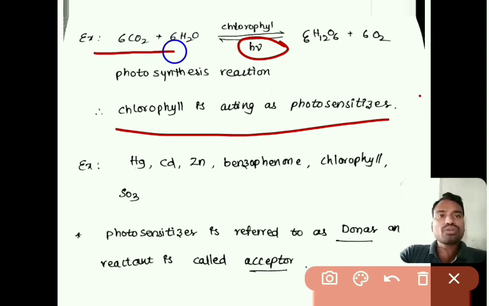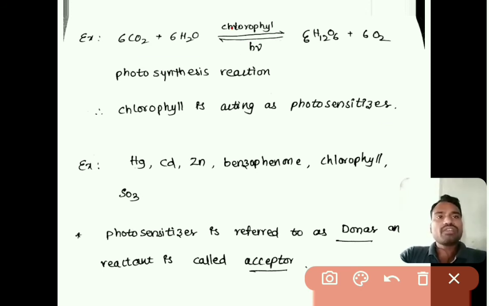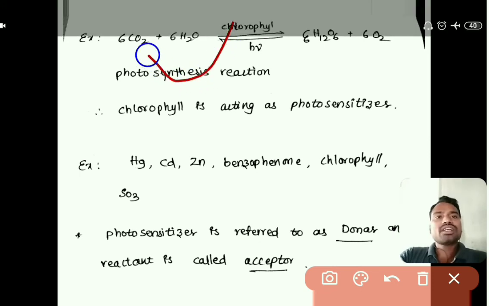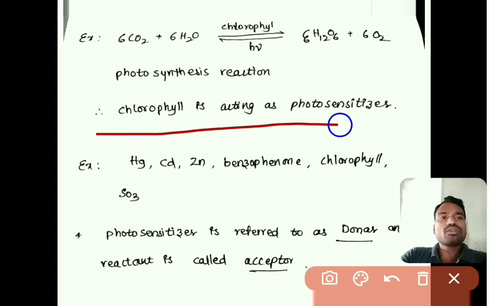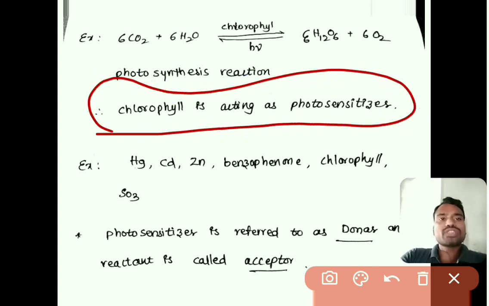This is because CO2 and H2O are unable to absorb the light energy. The chlorophyll takes the energy and gives it to the reactant molecules, so that the reaction proceeds and forms the product. That is the role of chlorophyll, which is why it acts as a photosensitizer in this particular reaction.